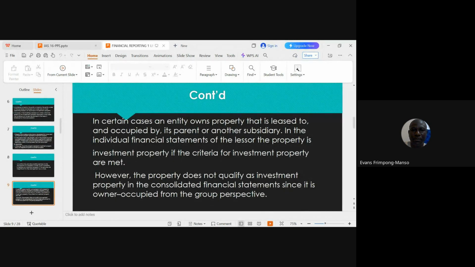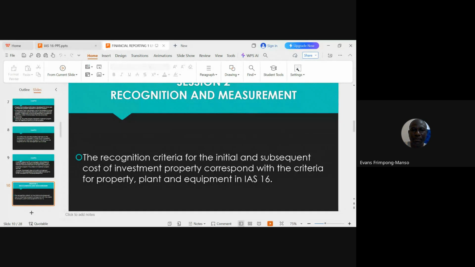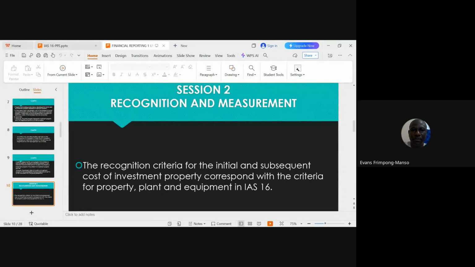So the next one, as we did with IAS 16, is the same procedure that we are following. How do we recognize and measure investment property?